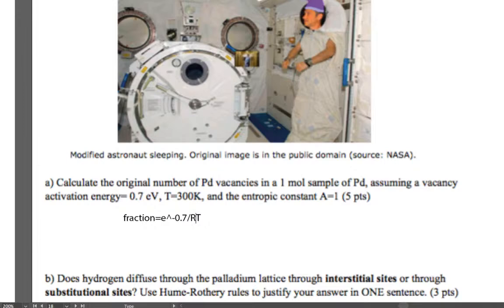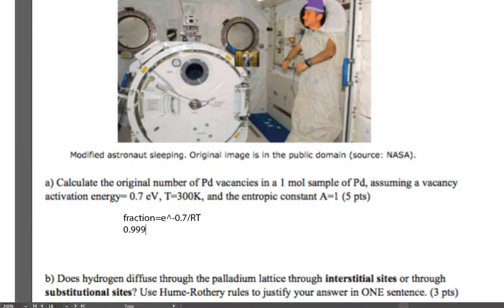So you plug it into your calculator to find out what this number is. e to the power of negative 0.7 divided by 8.314 divided by the temperature 300 Kelvin. You'll get around 0.99971 for the fraction.